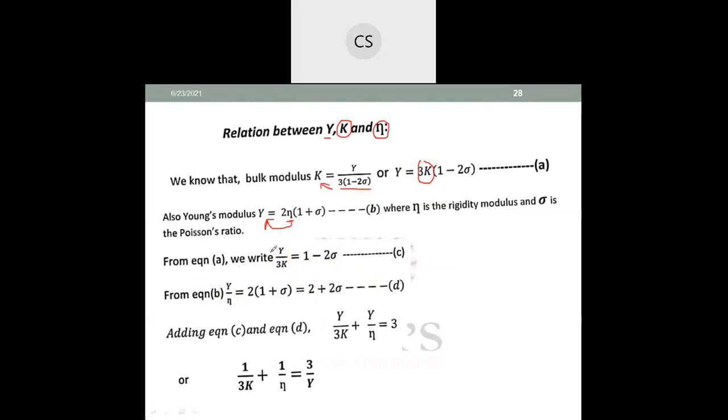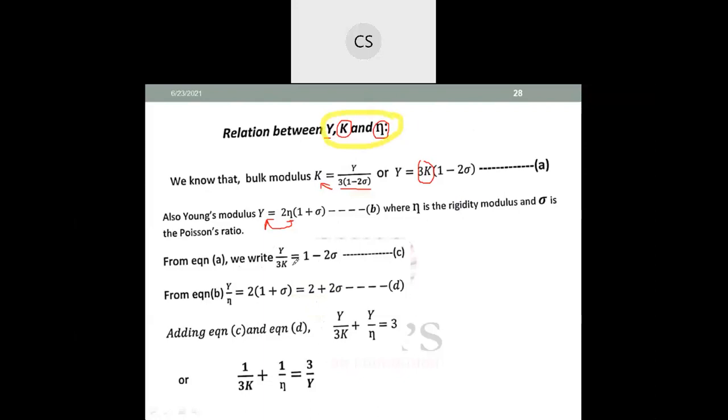You have the relationship between two relations, C and D. Our aim is to find the relationship between Y, K and eta. So the other term is not required.